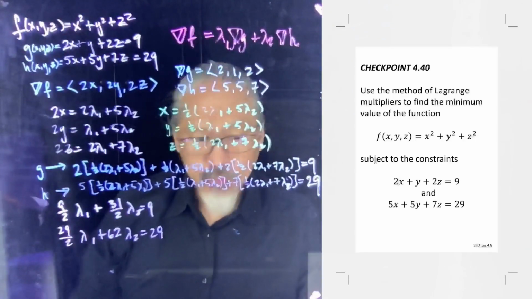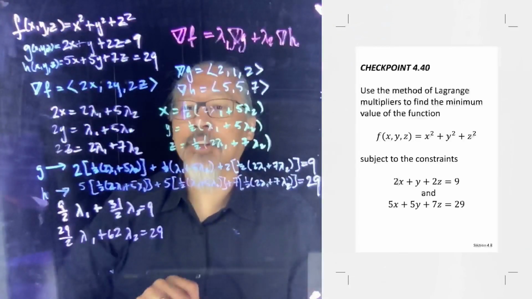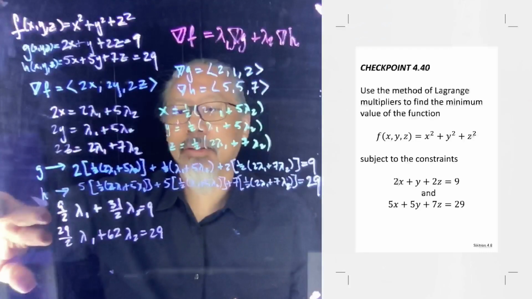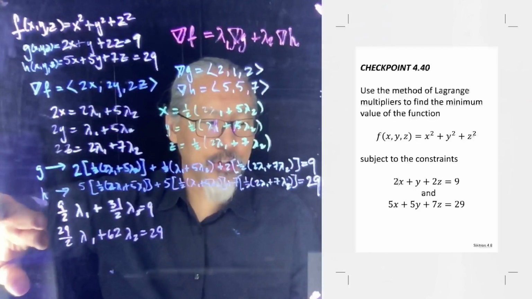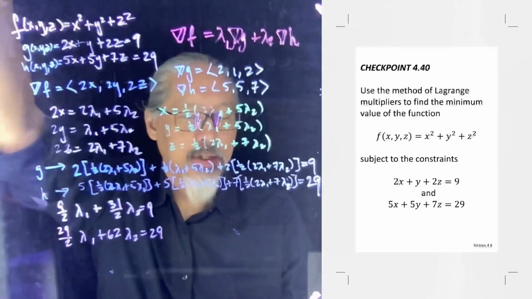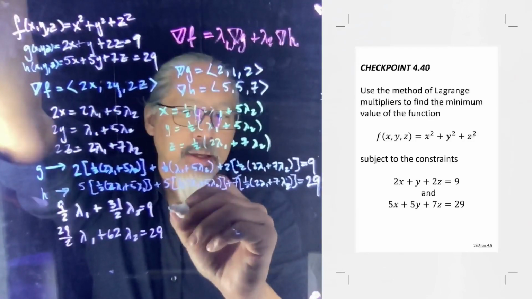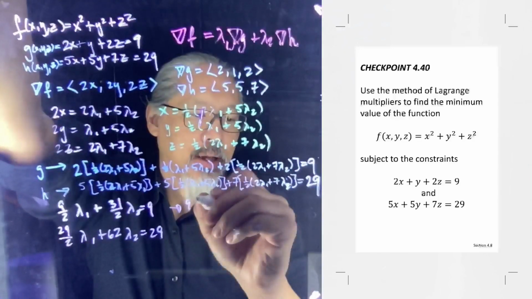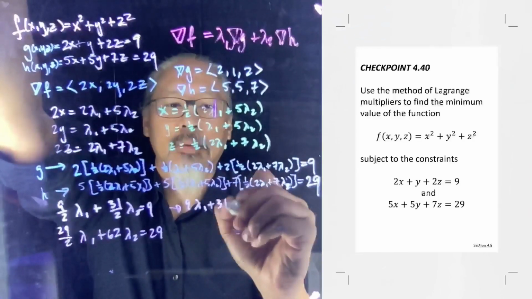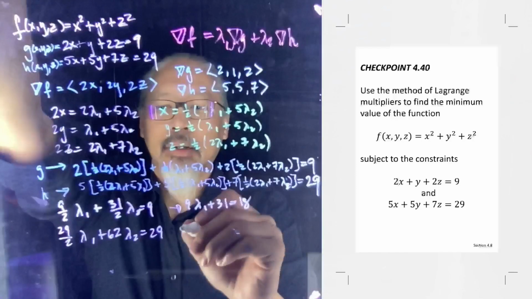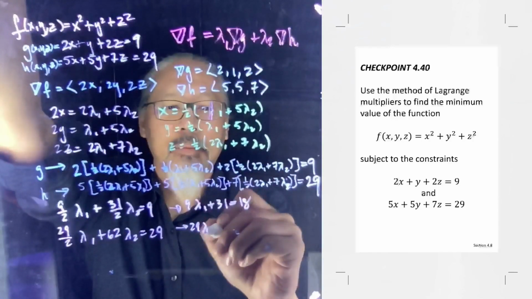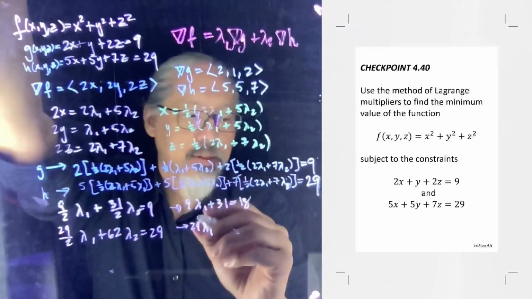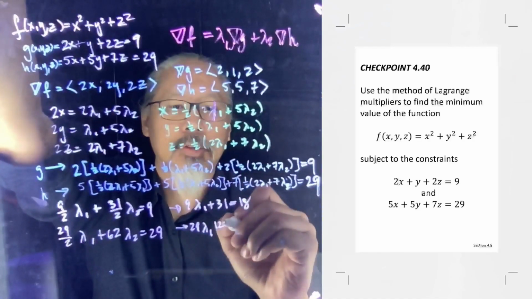All right. Well, if we can try to avoid dealing with fractions, that'd be great. So that's as simple as multiplying both equations by 2, and it looks like I will get 9 lambda 1 plus 31 lambda 2 is equal to 18, and then here I will get 29 lambda 1. 62 times 2 is 124.